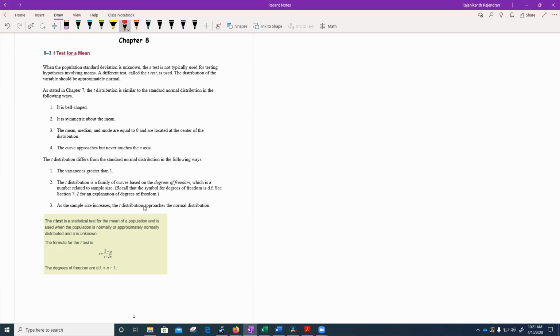So now again we are testing a hypothesis for the mean, but when sigma is unknown, so you don't know the population standard deviation. Okay, so this is the case we have here in 8.3.